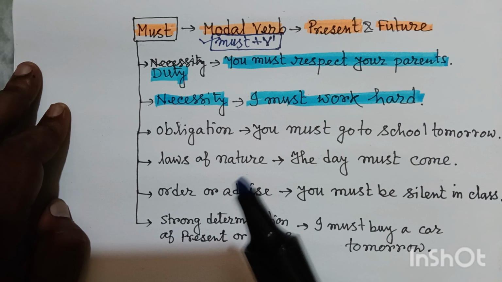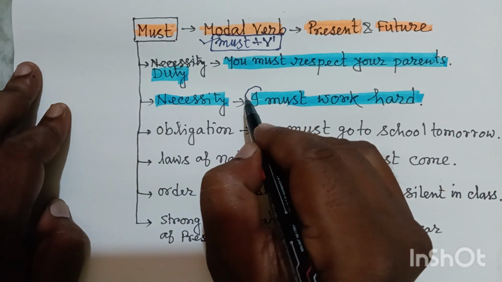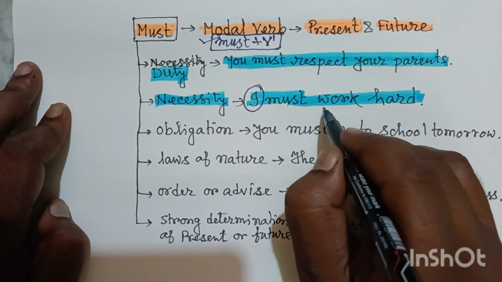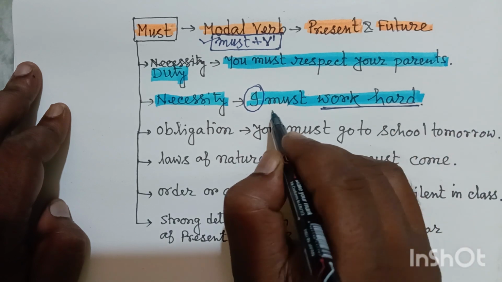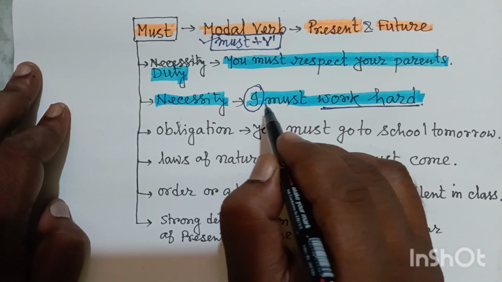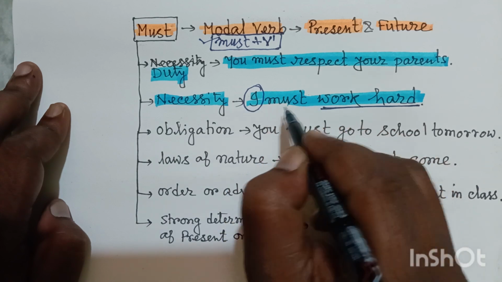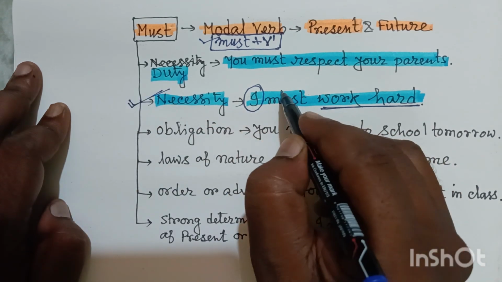That means the subject, here the subject is I, is bound to do this activity, that means hard working. And we are going to express this idea of necessity by using the term must.